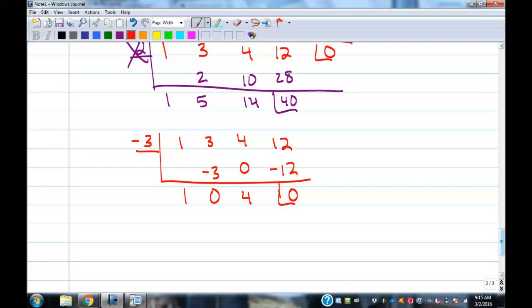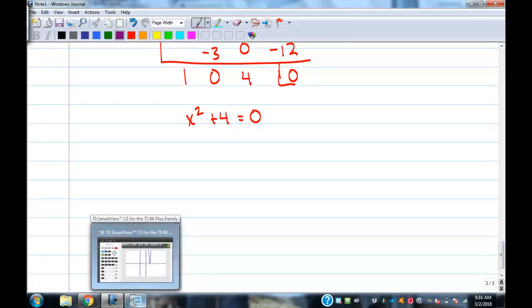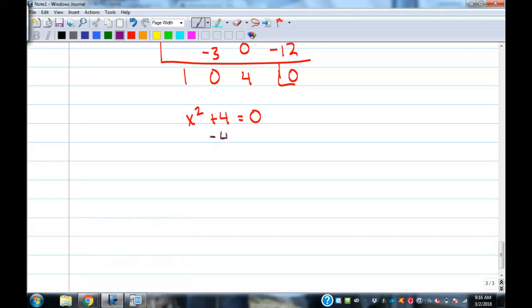What do we have now? What is this? x squared plus 4. How can we solve that? Does it factor? If it was x squared minus 4, yeah, it factors really quickly and easily. But it doesn't, so subtract 4, get x squared equals -4, and then do what?